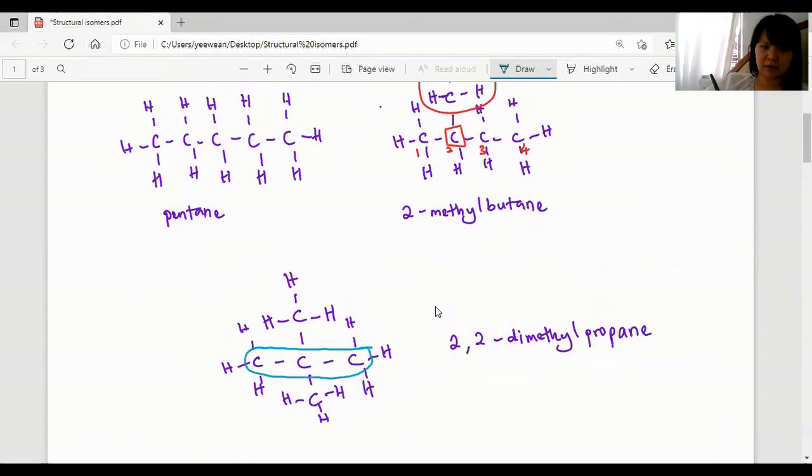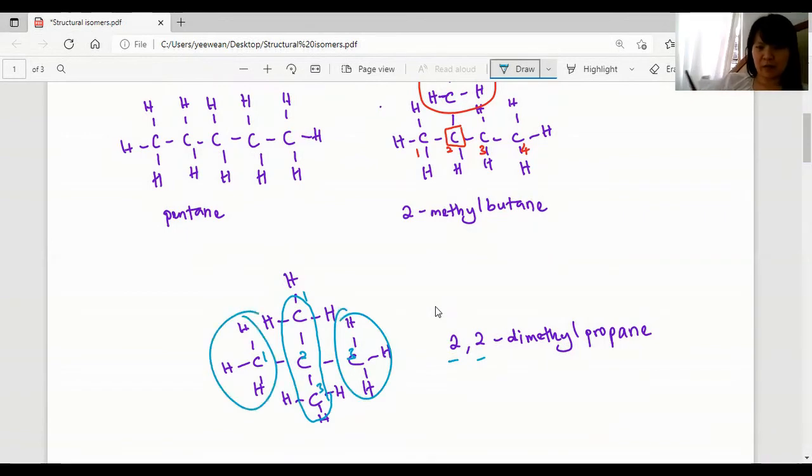It's still going to be 1, 2, 3. So still 2 and 2 is having this methyl group. Or alternatively, you can view it as 1, 2, 3. This is the longest chain. So 1, 2, 3. It's still the same name. So 2,2-dimethylpropane.